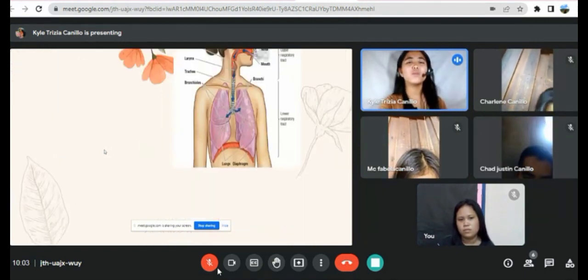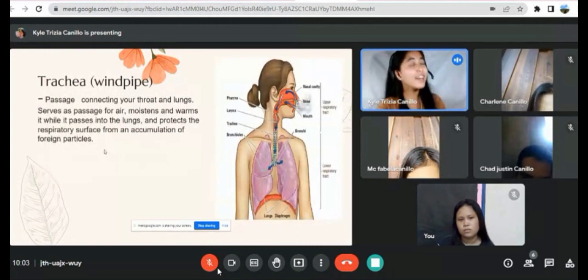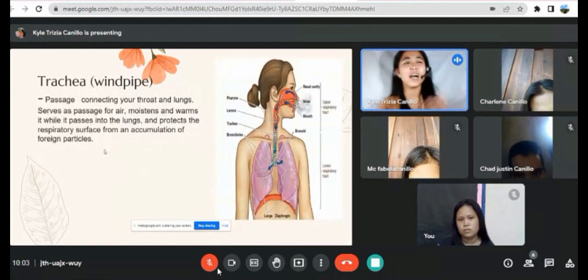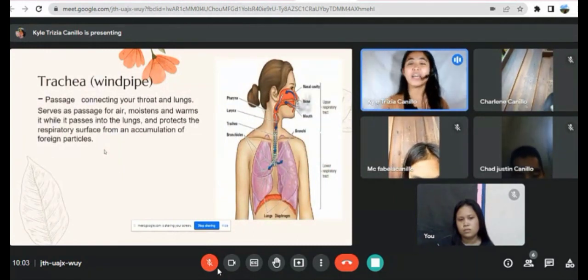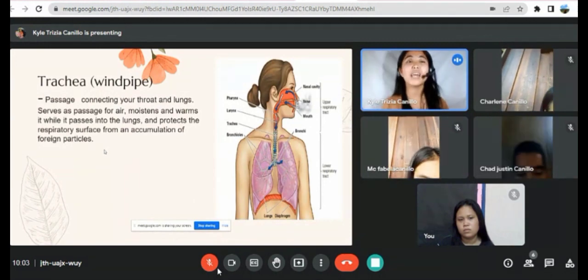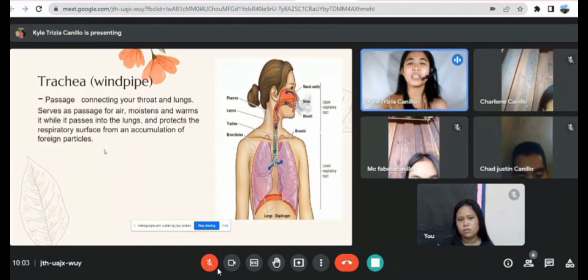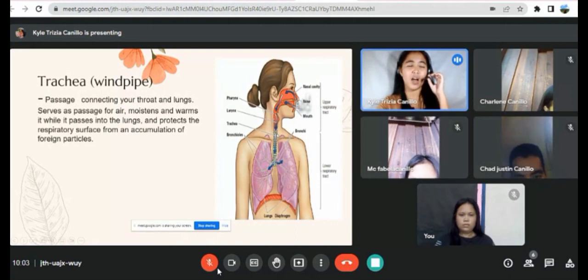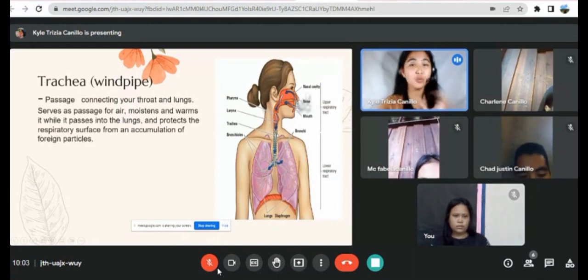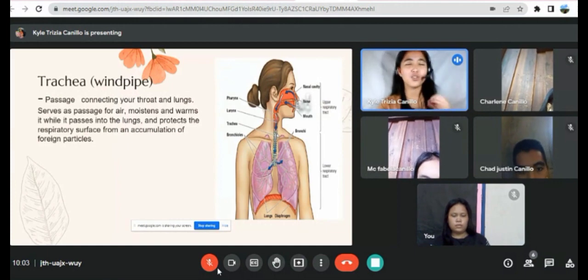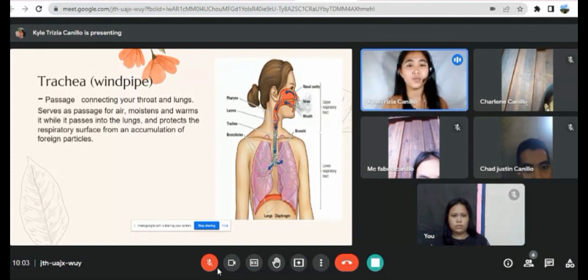Now, let's move on to the trachea. After the larynx, we have the trachea, also called the windpipe. This is a passage connecting your throat and your lungs, and it moistens and warms the air while it passes into your lungs.